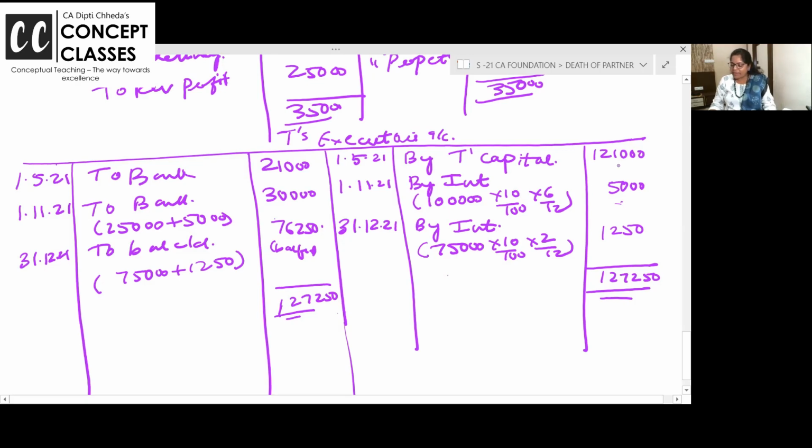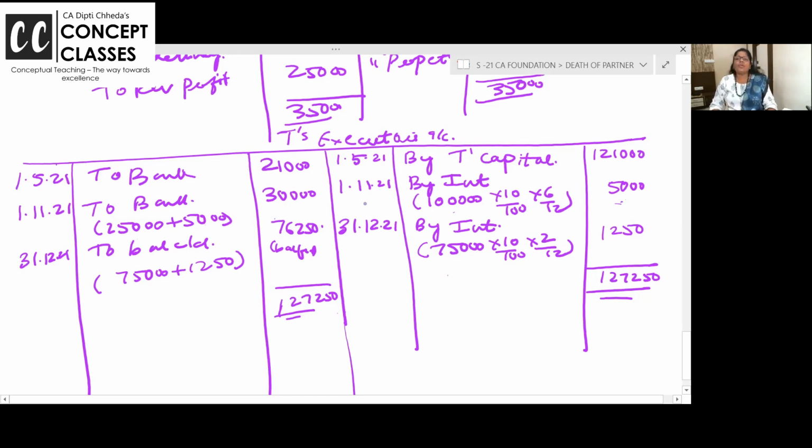Out of 1,21,000, 21,000 is paid immediately. 1 lakh rupees are used at 10% for 6 months, so 5,000 interest. And the 1 lakh you have to pay in 4 installments of 25,000 each plus 5,000 interest.